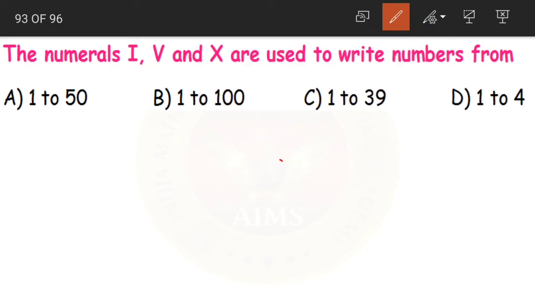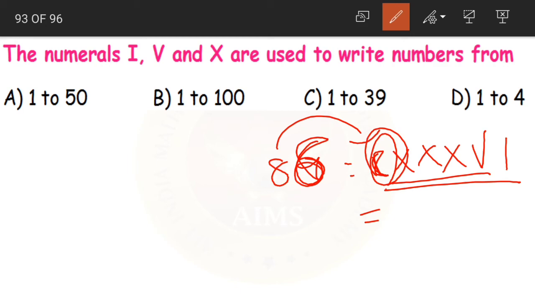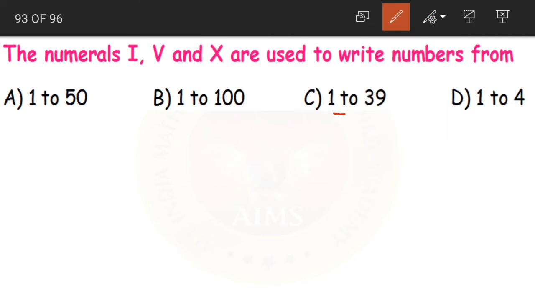No. If we take a number, say 89 for example, or 86, okay? Now how will 86 be written? 50 plus 10 plus 10 plus 10 is equal to 80, and 6. This will become our 86. Now here see, L is also used. So again only IVX are not sufficient to write the numbers from 1 to 100.